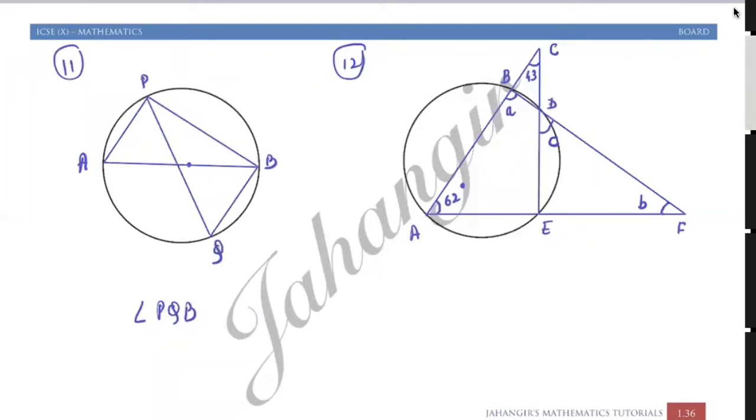Question 11 we have O is the center of a circle. PBA is 45 degree. Now we want angle PQB, this angle.